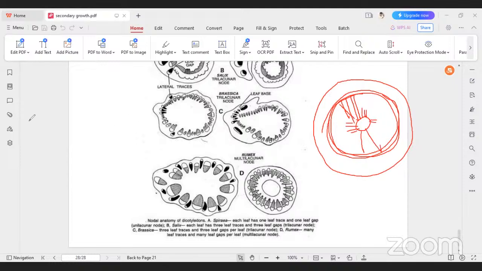Now let's change color. At this region it is completely filled by secondary phloem. Here also secondary phloem. Here also secondary phloem.